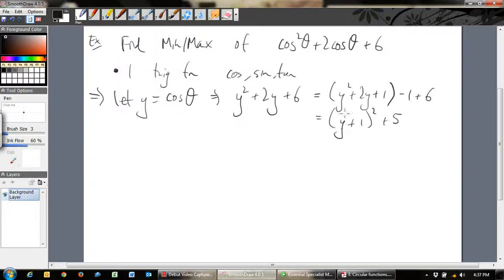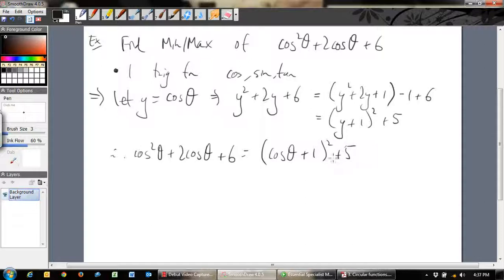This is looking good. Let's put cos theta back in. So we've got cos squared theta plus 2 cos theta plus 6 equals cos theta plus 1 squared plus 5.